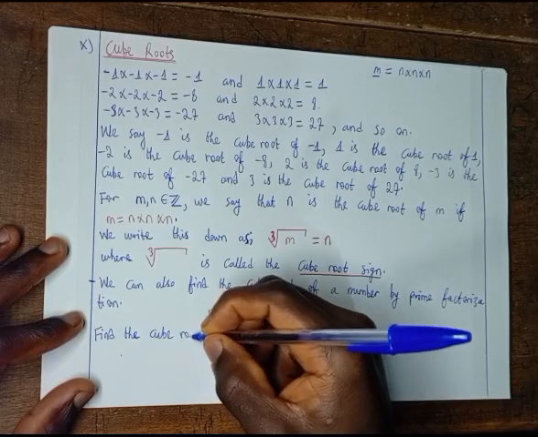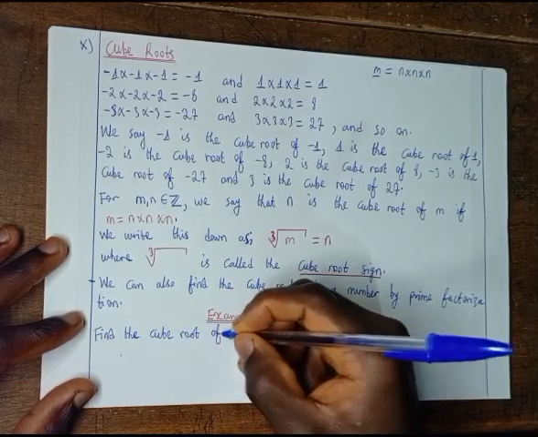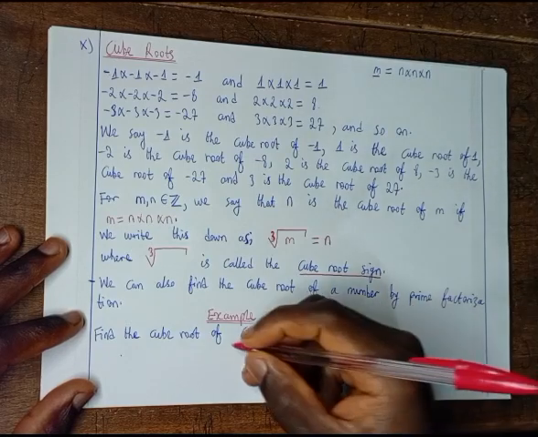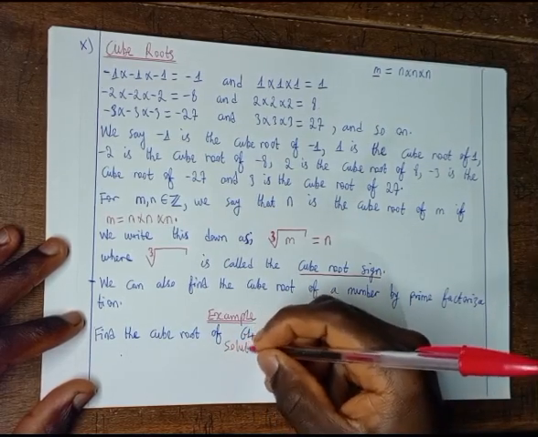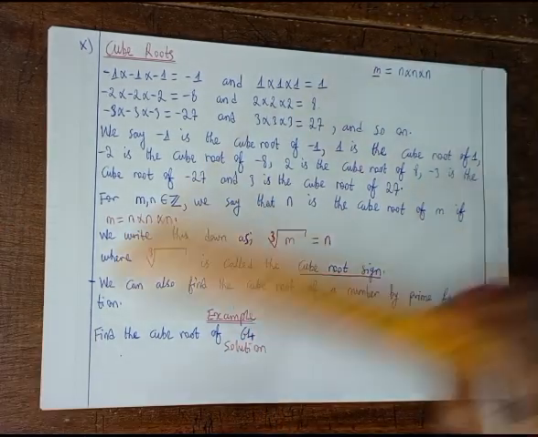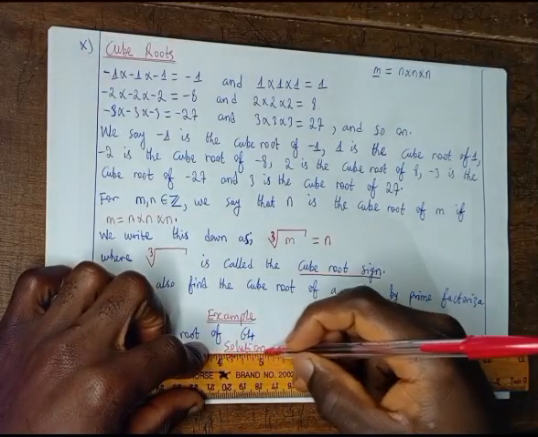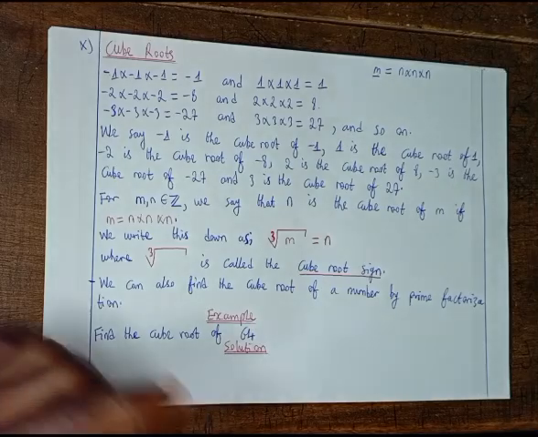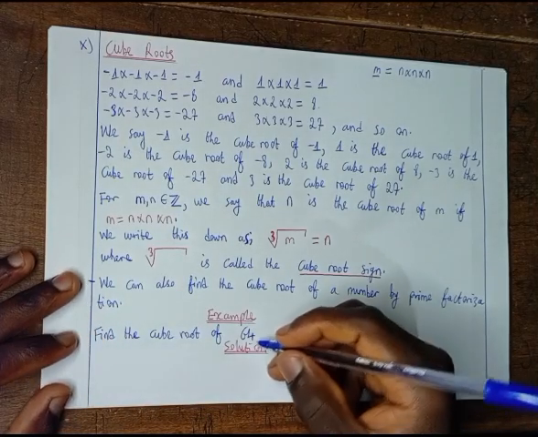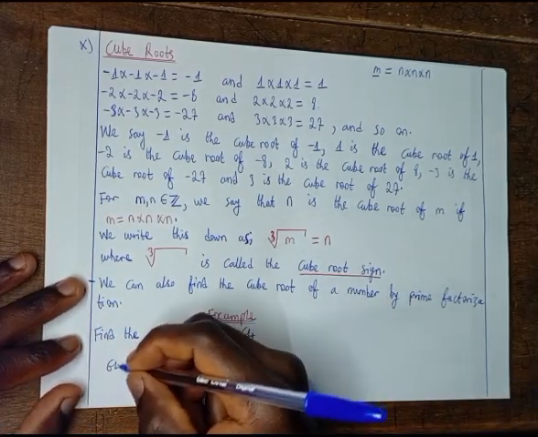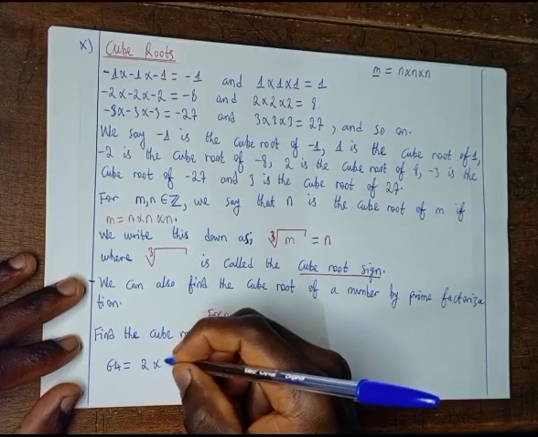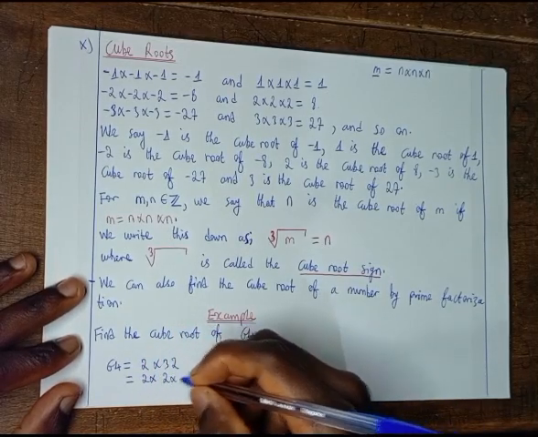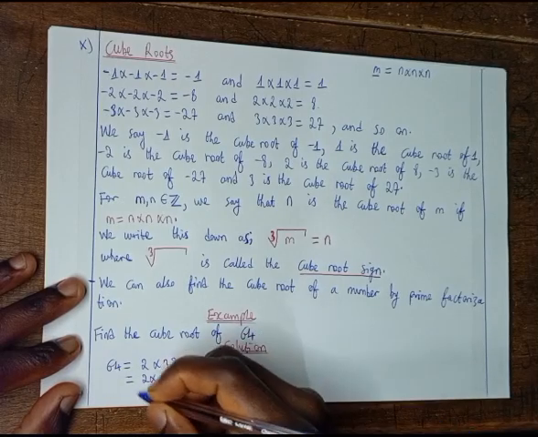The solution. First, we need to prime factorize the number 64. You know 64 is equal to 2 times 32, which is the same as 2 times 2 times 16.